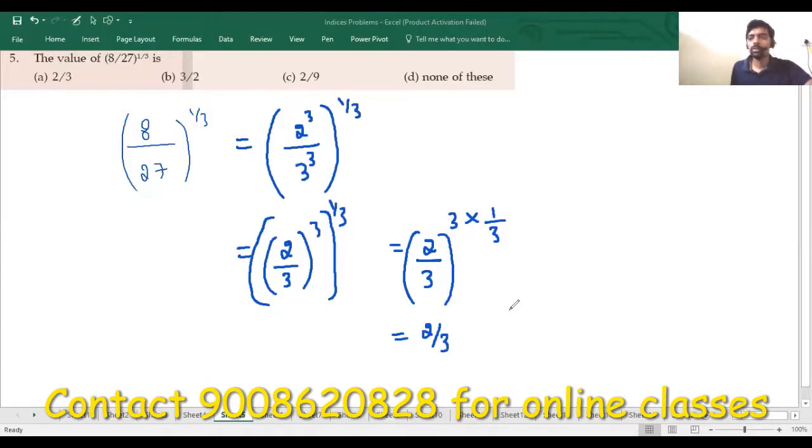And guys, please note this. I'm doing each and every step in detail. I'm showing all the calculations thoroughly. In exam, no need to solve like this. You can skip some steps because all are MCQ based questions.